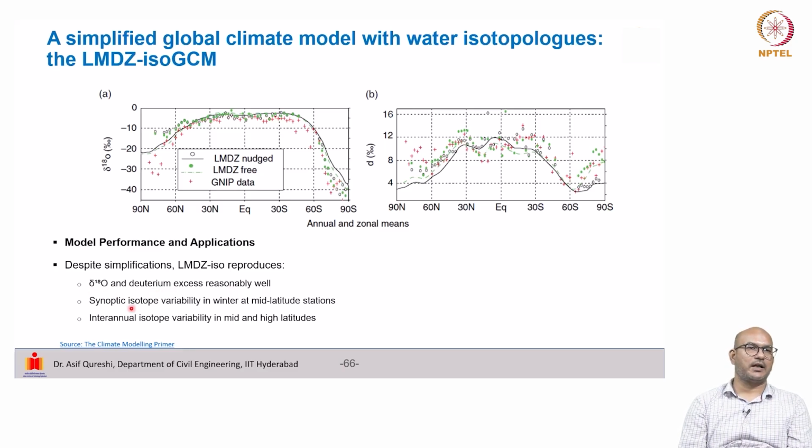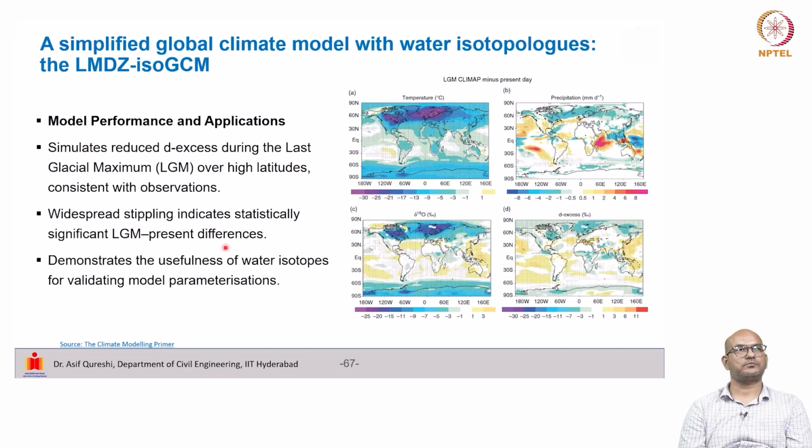The synoptic isotope variability in winter at mid latitude stations is also shown. The interannual isotope variability in mid and high latitudes is also able to be reproduced. So, this is all good. The model also simulates the reduced d-excess during the last glacial maximum over high latitudes, and this is consistent with observations.